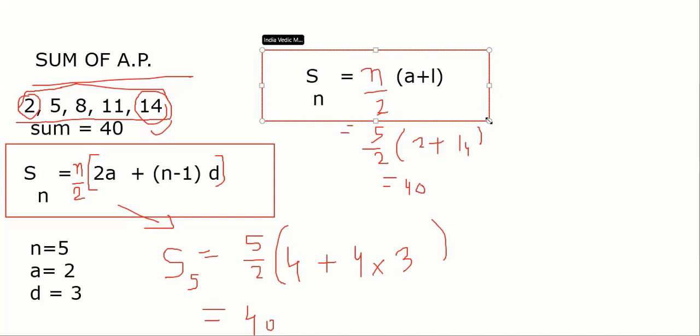Those two boxes are useful for finding the sum of any AP. Know when to use which. n is required in all. But if you know a and d, use this. If you know a and l, use this. That's it. It's your choice when you want to use what. Any AP you can solve with this.